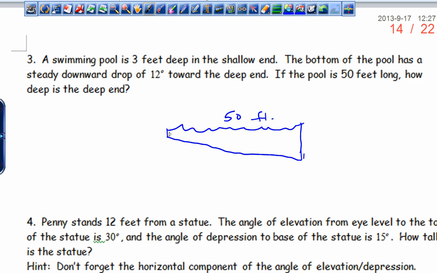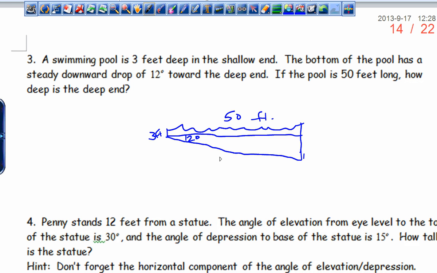Since we know it's 3 feet right here, I've got a triangle here, and it says steady downward drop from the shallow end to the deep end of 12 degrees. So from where the shallow end ends to where the deep end ends, it's got a steady drop of 12 degrees.